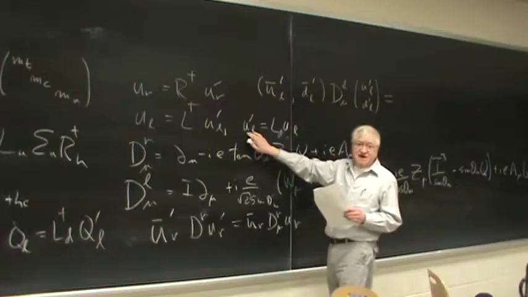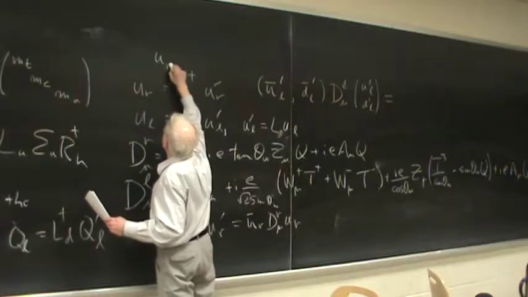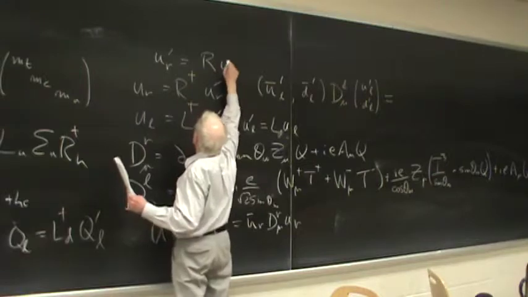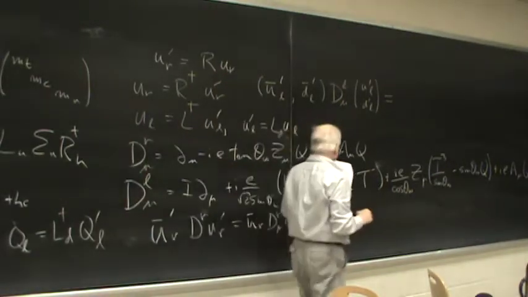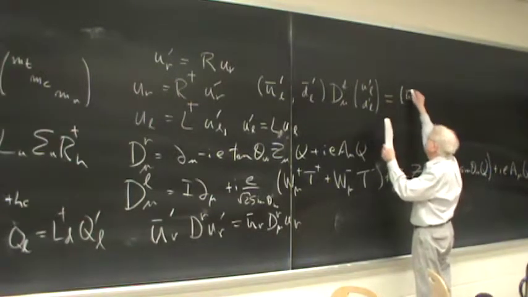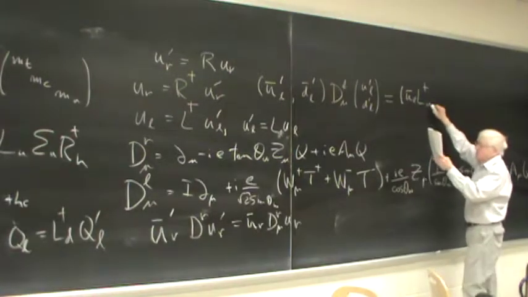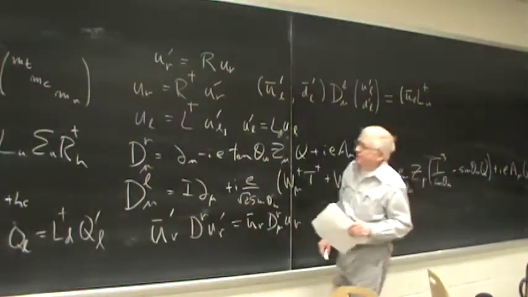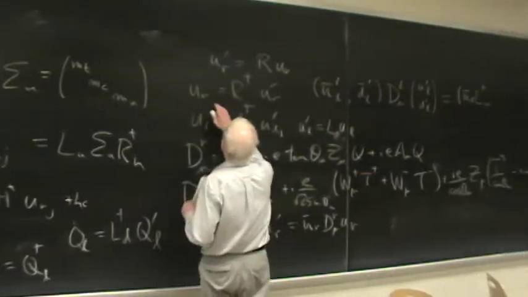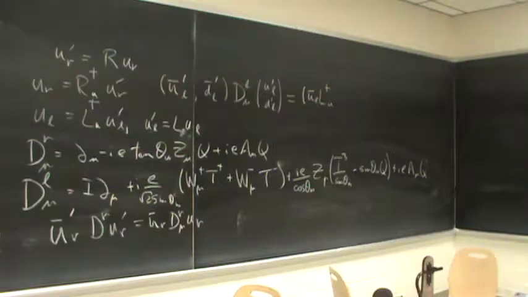So the flavor eigenstates are L times the mass eigenstates, and here the right flavor eigenstates are this matrix R times u right. Okay. So when we rewrite this, what we get here is u bar left L dagger for the up quarks. And I guess I should have put in the up. Well, there are the up ones. So if this is all up, then this is R_U, and over here, well, I have R_D.